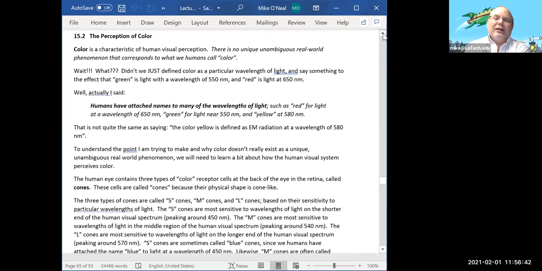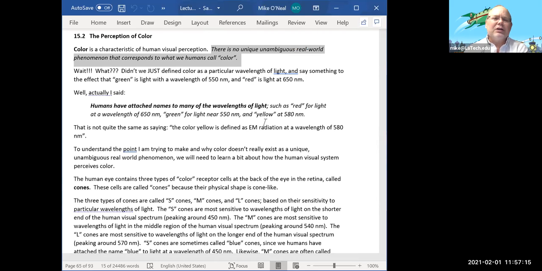Because here's a statement that I'm sure he would disagree with, or maybe he wouldn't if he sat down and thought about it. There is no unique, unambiguous, real-world phenomenon that corresponds to what we humans call color. In other words, a single thing, unambiguous, which means that you know it's this particular thing and not this other particular thing.